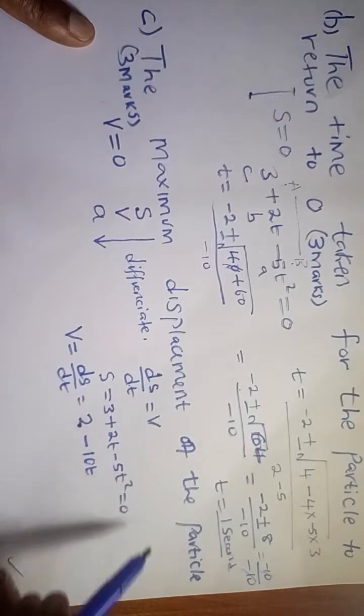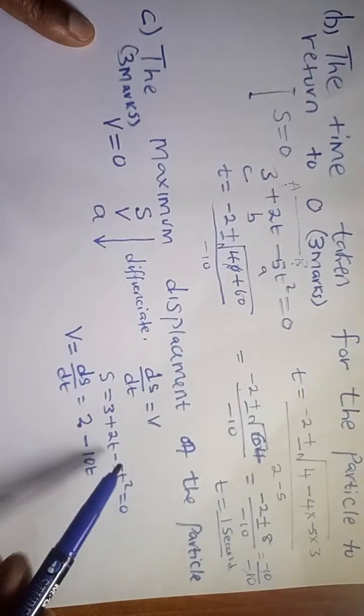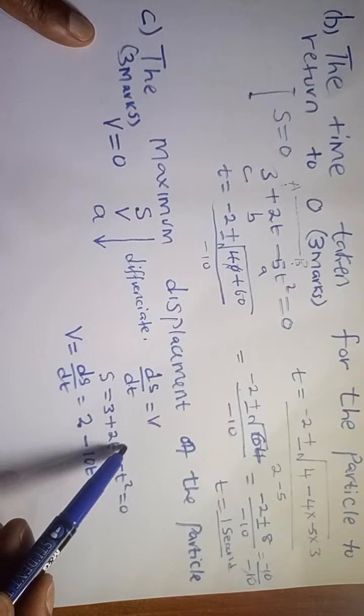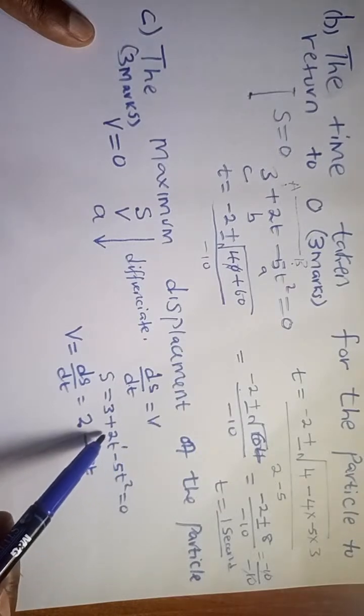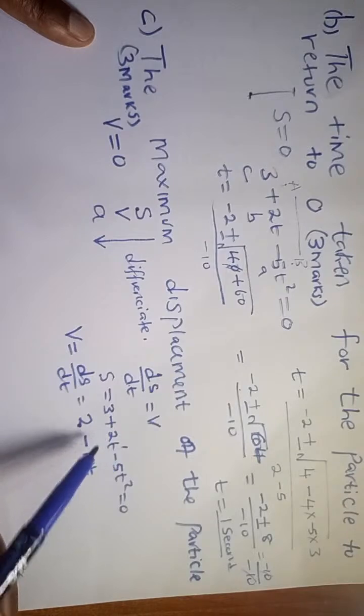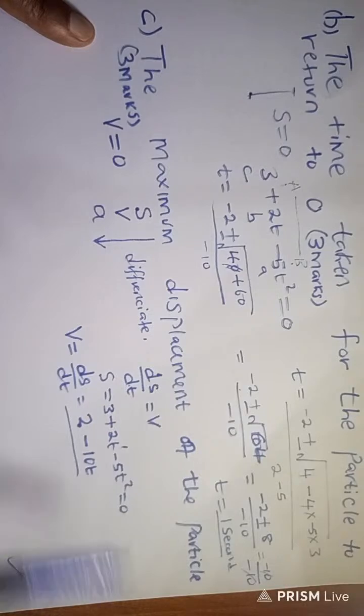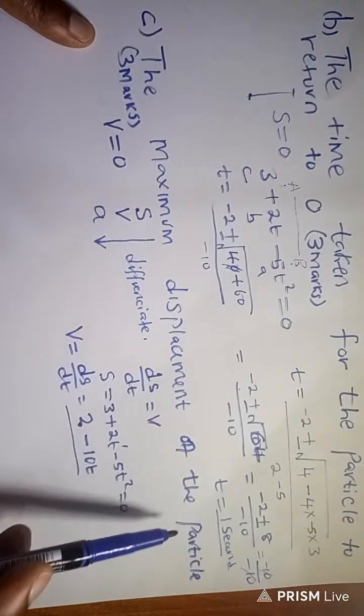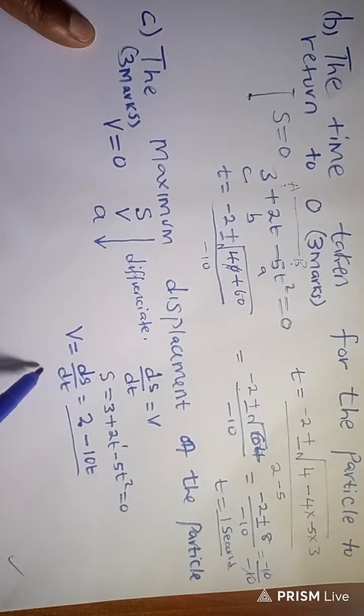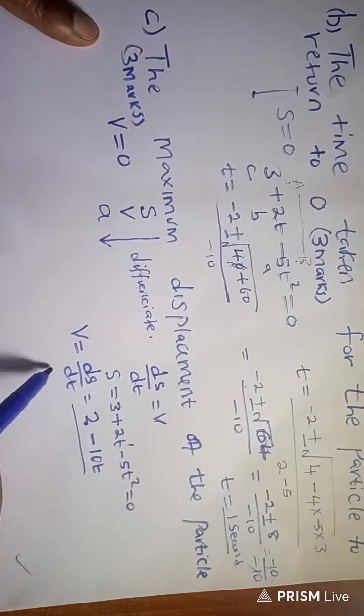So in any case we multiply the coefficient of t by its power. So this stands to be the equation for the velocity, and the question is the maximum displacement of the particle. At maximum displacement, velocity is equal to 0.